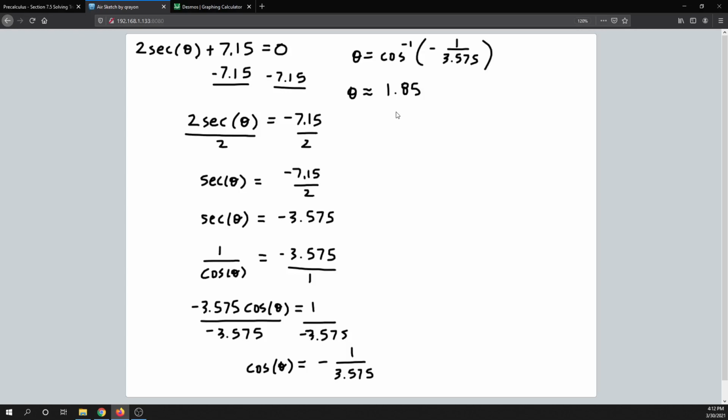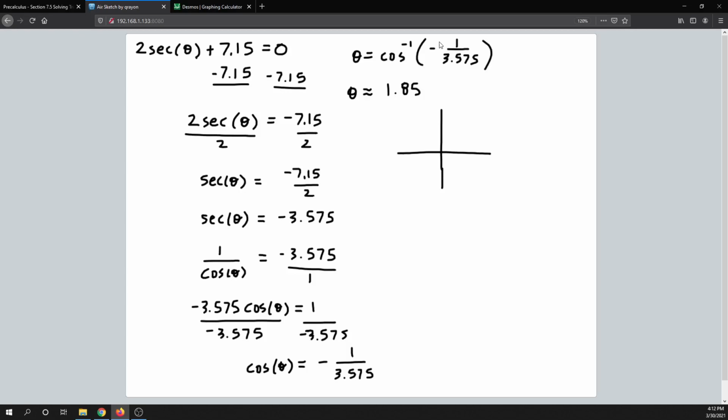Remember, on most of these problems in the homework assignment, you're going to get 2 answers. The thing that you have to remember is that first off, we're using the inverse cosine to get the value 1.85.